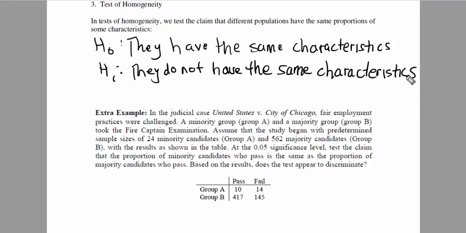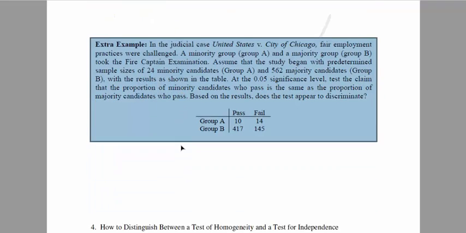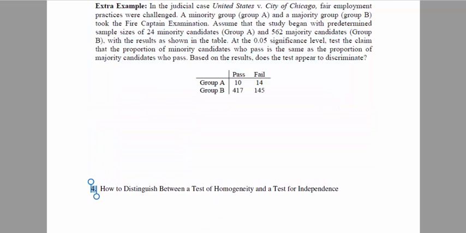So I'm going to do this example here. And remember that in this chapter we had the goodness of fit test and the test for independence, and now we have the test for homogeneity. Here it is. In the judicial case of United States versus City of Chicago, fair employment practices were challenged.